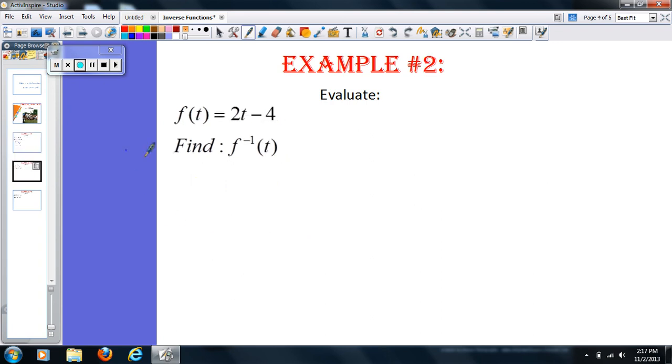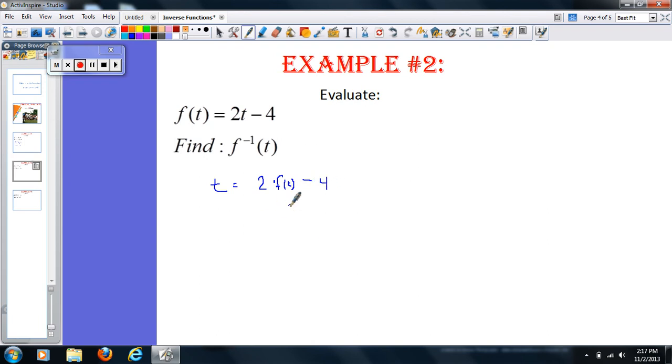So when we go to example number 2, same idea here. We're going to say t equals 2 times f of t minus 4.